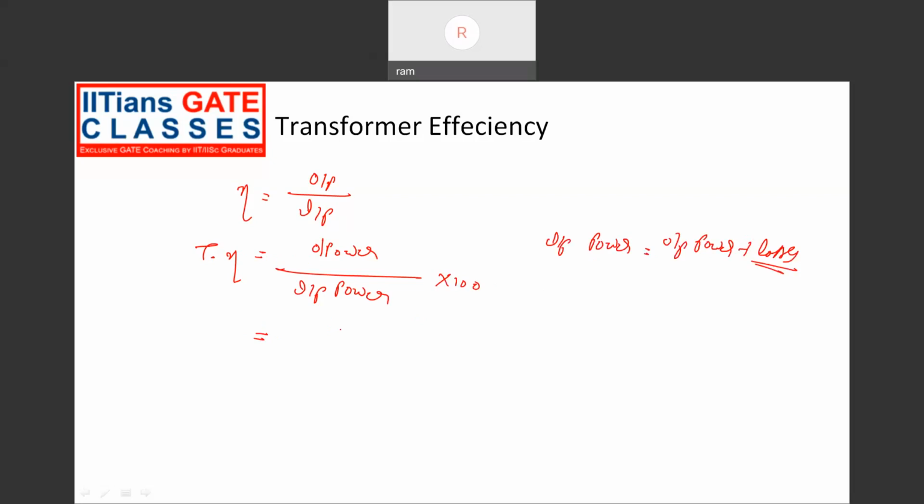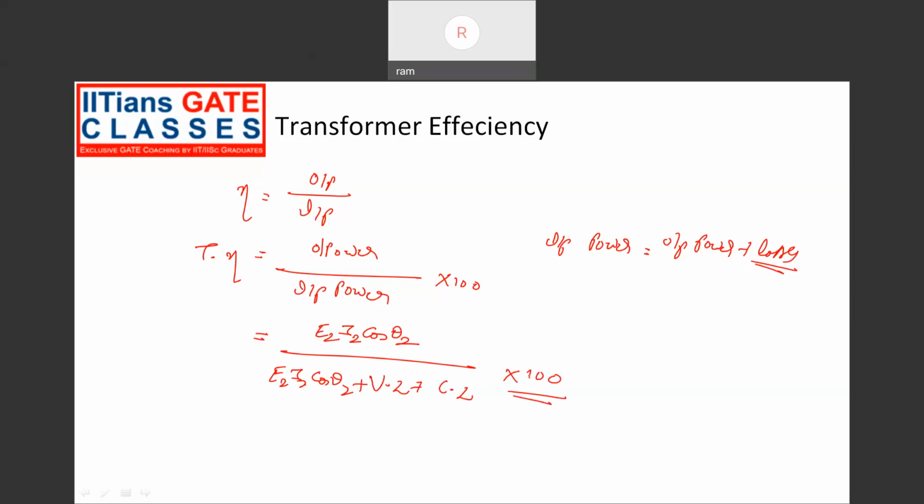So the output power can be given as, let's say, E2 is the secondary terminal voltage and I2 is the current flowing, and the angle between them is theta 2. So E2 I2 cos theta 2 by E2 I2 cos theta 2 plus losses. Losses we have variable loss plus constant loss, into 100.